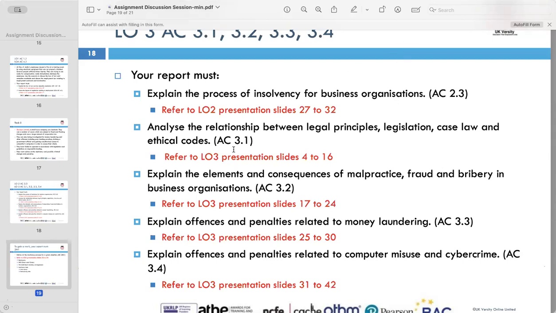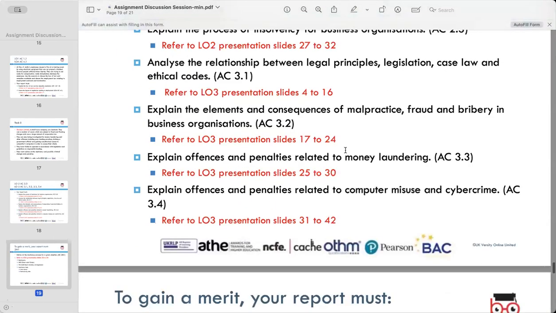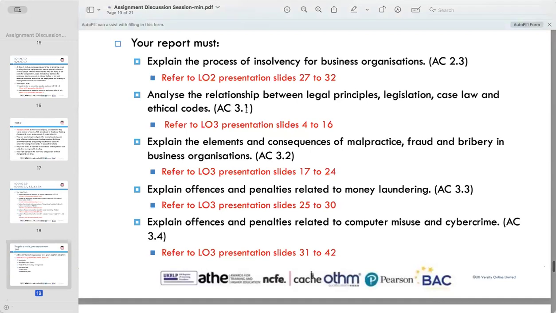Refer to learning outcome 2, pages 27 to 32 for insight into the process of insolvency. Then the relations between legal principles, legislation, case laws, ethical codes, learning outcome 3.1 here.